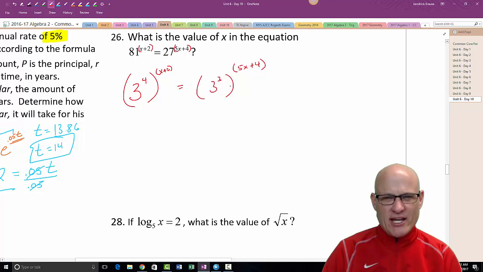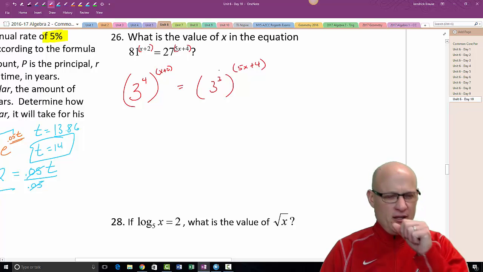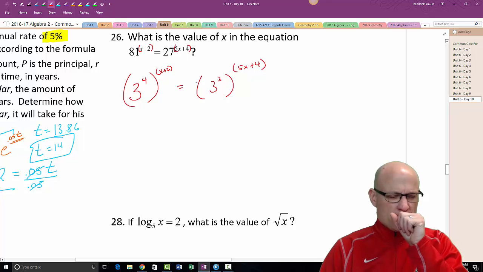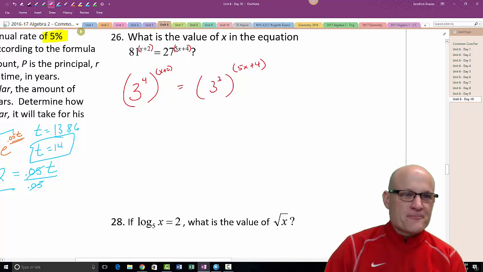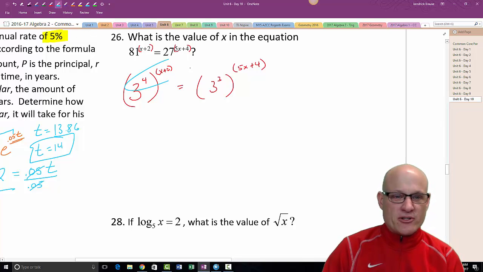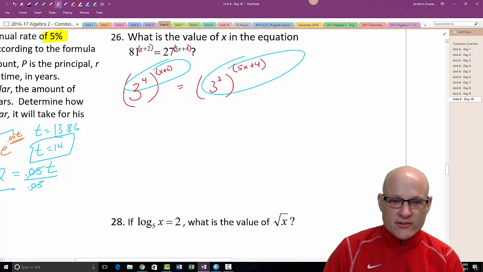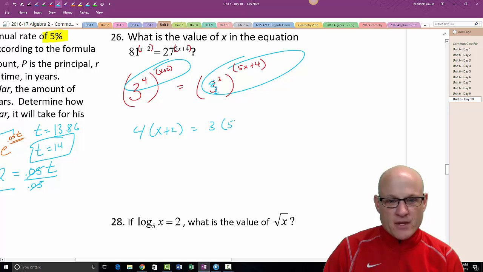Once the bases are the same, we set the exponents equal to each other. So 4x plus 2 is equal to 5x plus 4. Distribute: 4x plus 8 equals 15x plus 12.